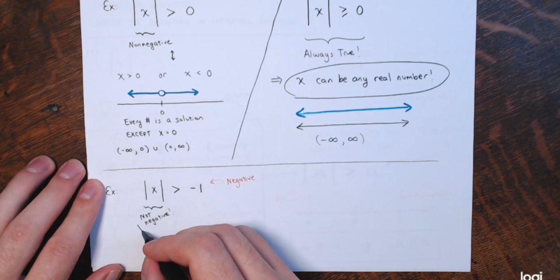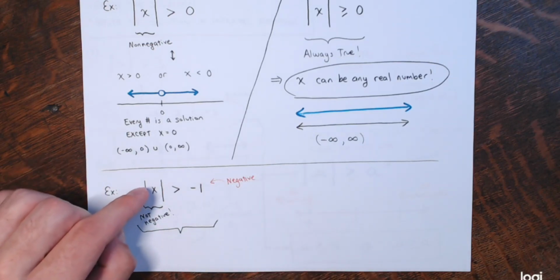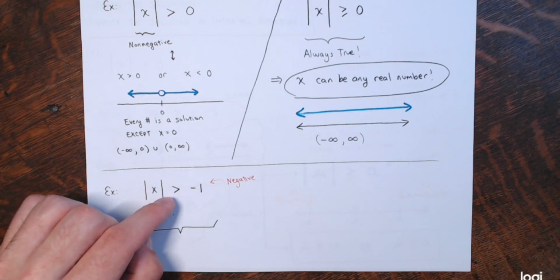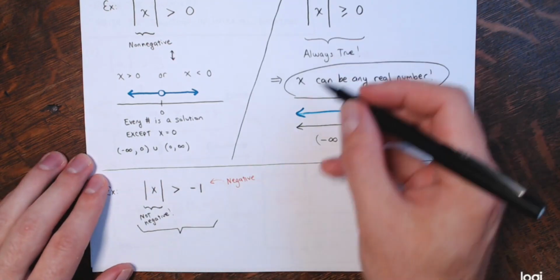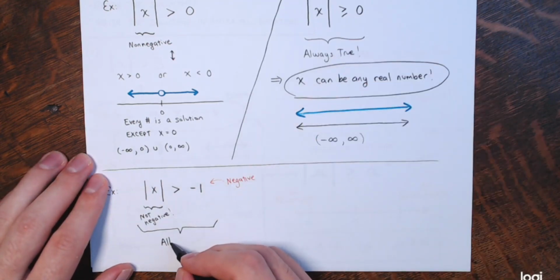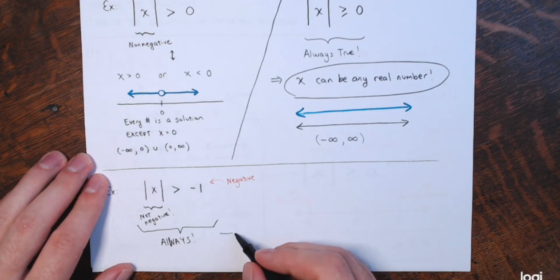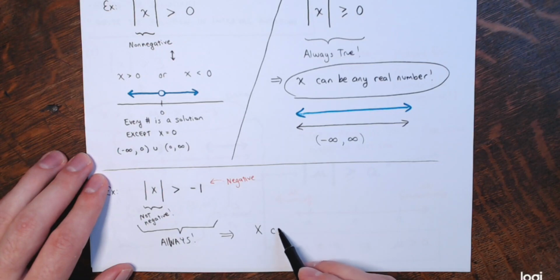So something like this, where if you isolate the absolute value, and then you have the absolute value of something is greater than or equal to a negative number, just like the previous example, this always happens. So same deal here. This would have all real numbers as solutions. x can be any real number.